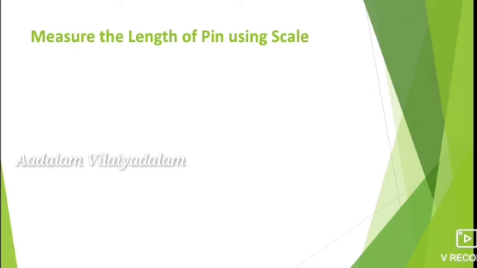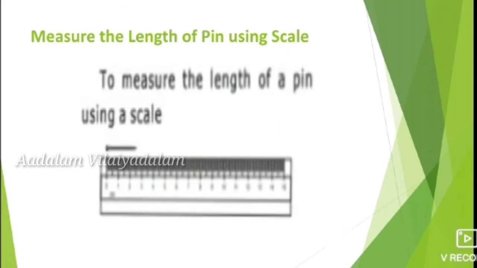Next we will learn to measure the length of a pin using a scale. Like measuring the length of the pencil, we measure the length of the pin. First we place the pin above the scale so it coincides with the 0 point, and count the number of centimeter from 0.